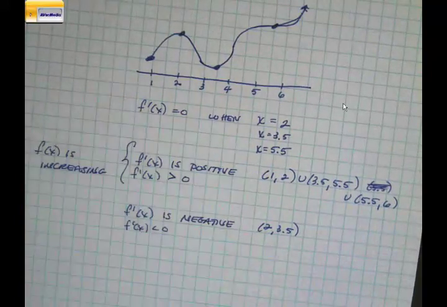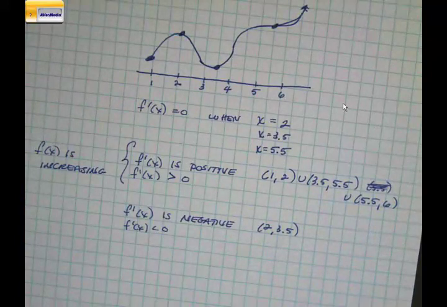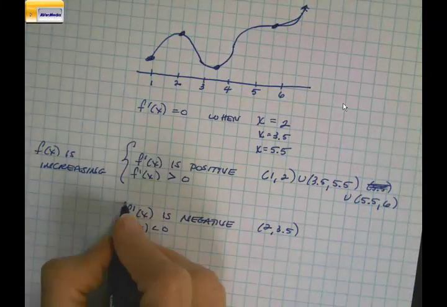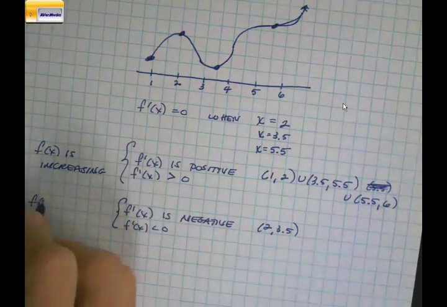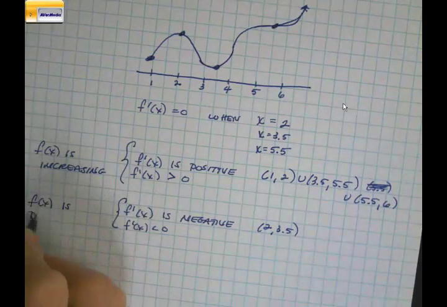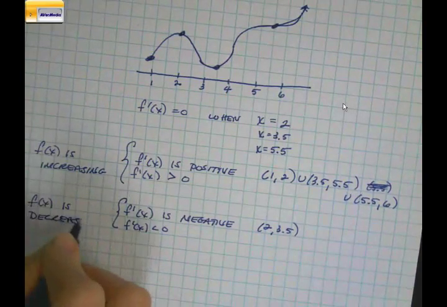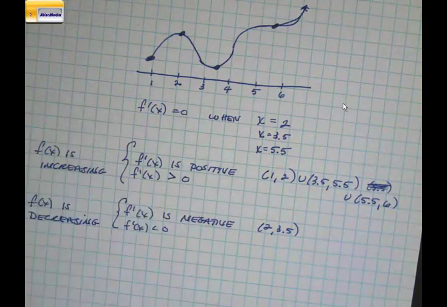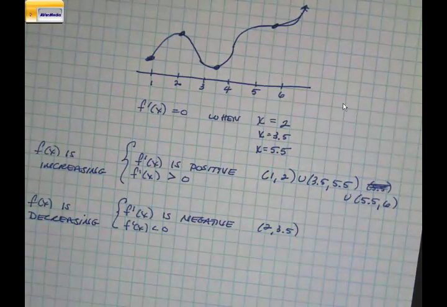When all the slopes of your tangent lines are positive, then the original graph, the original f of x, is an increasing function. What about when it's negative? The original graph is then decreasing. So the original graph is increasing when your first derivative is positive and decreasing when your first derivative is negative.